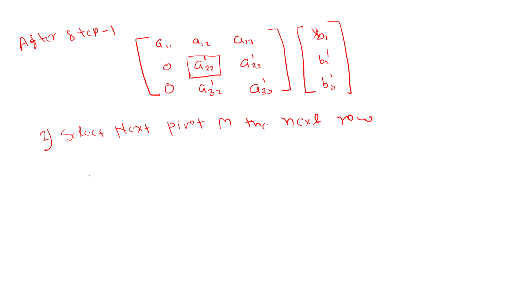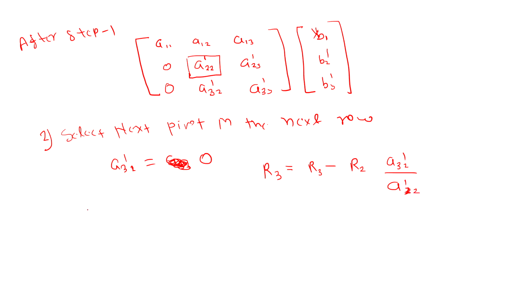So now we want to make A32 prime equal to 0, because this is the pivot and the element below the pivot is only A32 prime, and we want to make it 0. So essentially what we will do is R3 equals R3 minus R2 times A32 prime upon A22 prime.